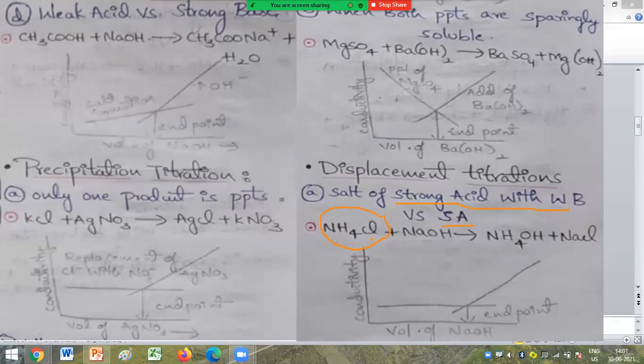Where is the strong acid? The chloride ions are obtained from HCl, which is a strong acid. Where is the weak base? The ammonium ions are obtained from the weak base. That's why this is called a salt of a strong acid with a weak base.